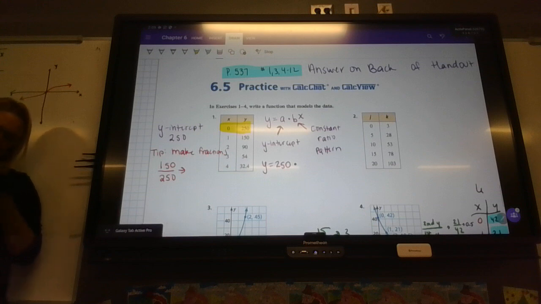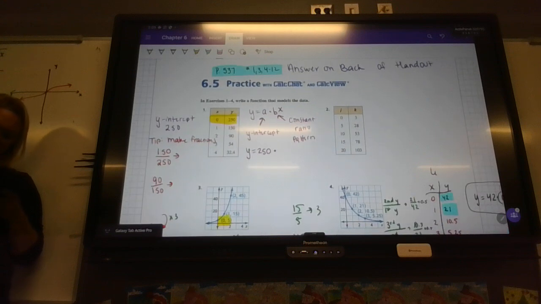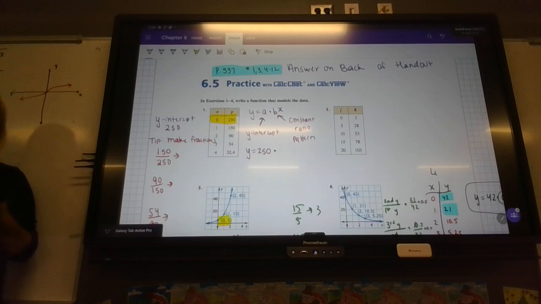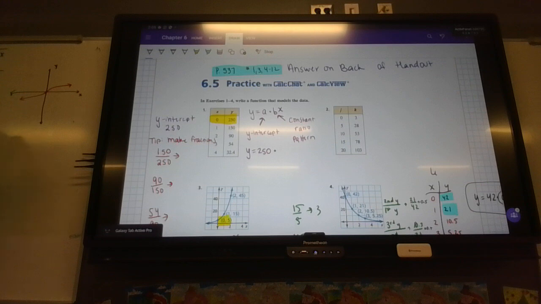I'm going to put 90 over 150 and reduce it. And maybe I do one more. I'm going to put 54 over 90 and reduce it. So what do I mean by reduce it? You're allowed to divide it in a calculator.